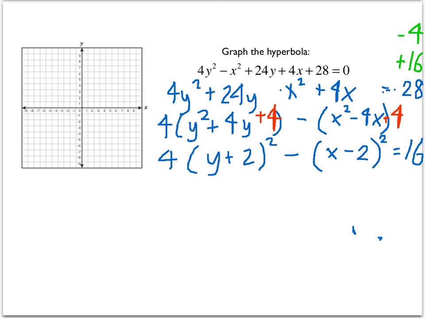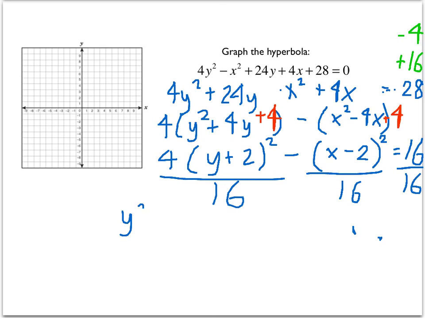And now to get it in that final form that I like, remember I always like to have it equaling 1. I'm going to divide everything by 16. And so my final form then is going to be, whoopsie, I don't want that squared thing there. Maybe I can see if this eraser will work. Yeah, there we go.